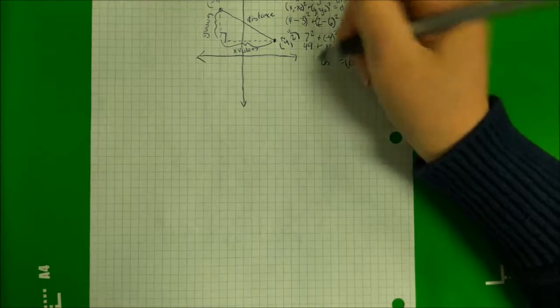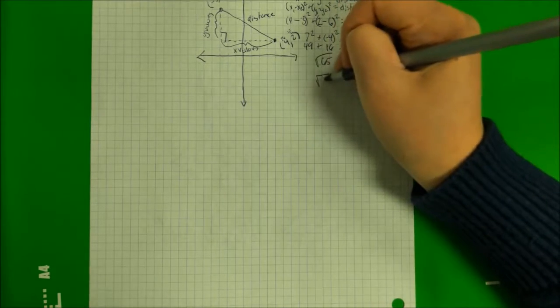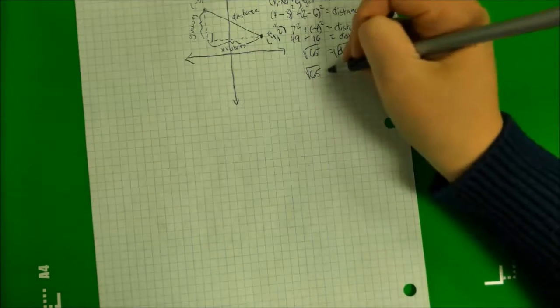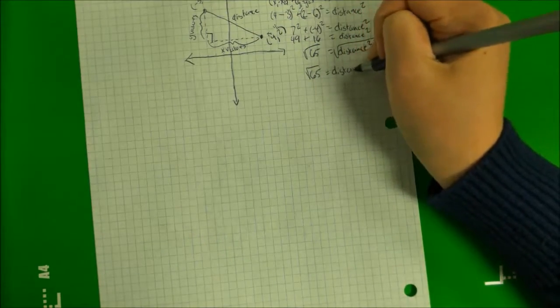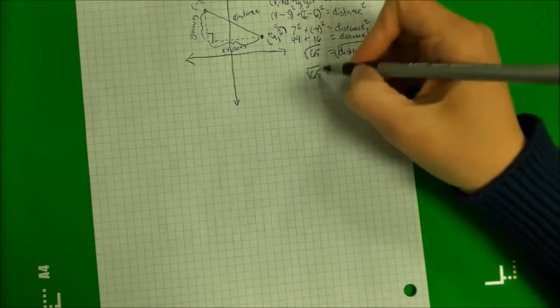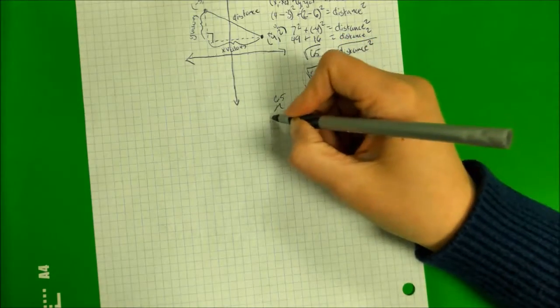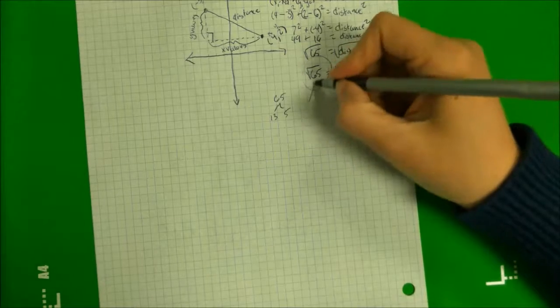So I'm going to take the square root of both sides, and now I want to find the square root of 65. So I want to know, can that be simplified? So I'm going to find the factors of 65. It's 13 and 5, and there are no perfect squares in there, so that's the simplest radical form.